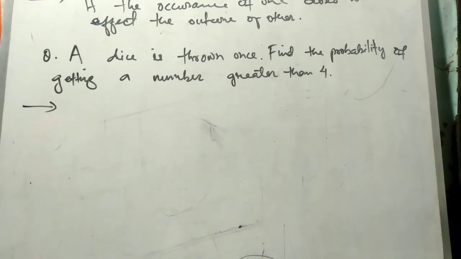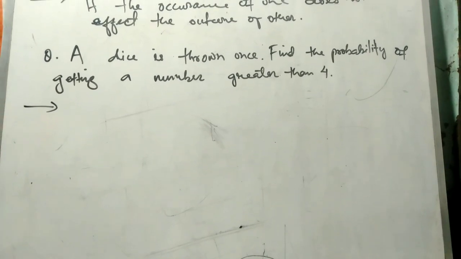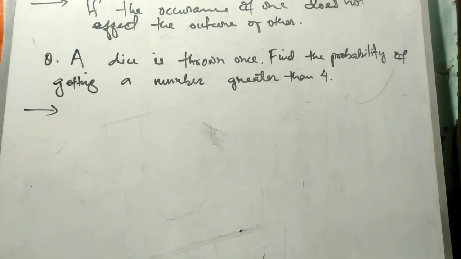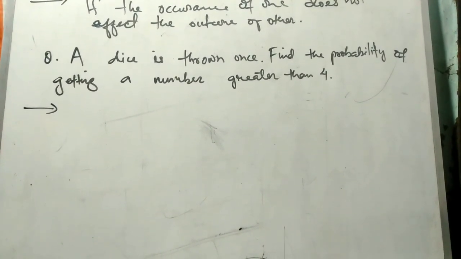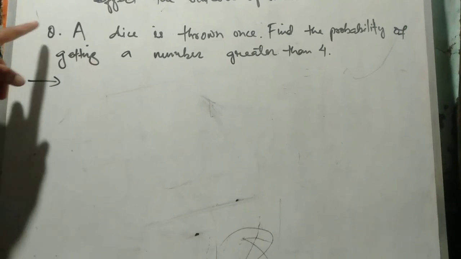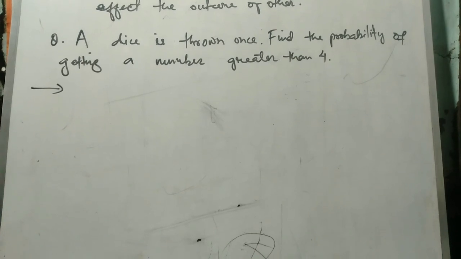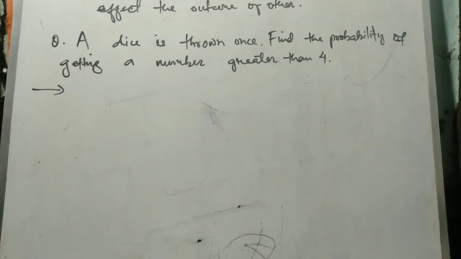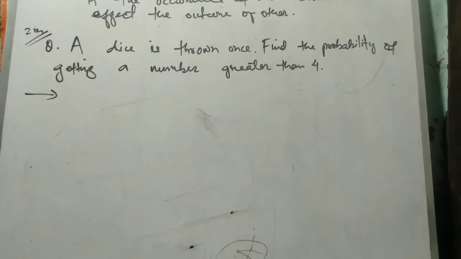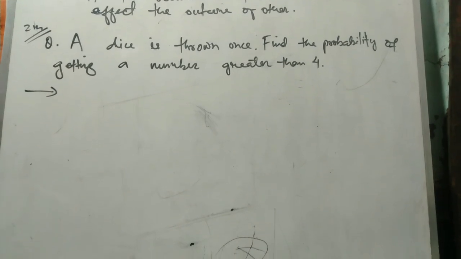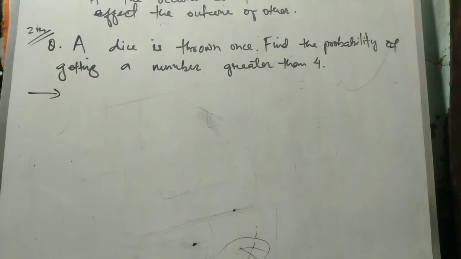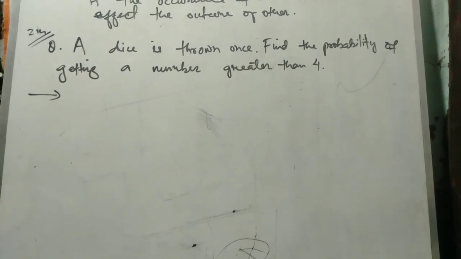This carries 2 marks. The dice, we have to draw it, and we need to find the probability, the chance of getting a number greater than 4.